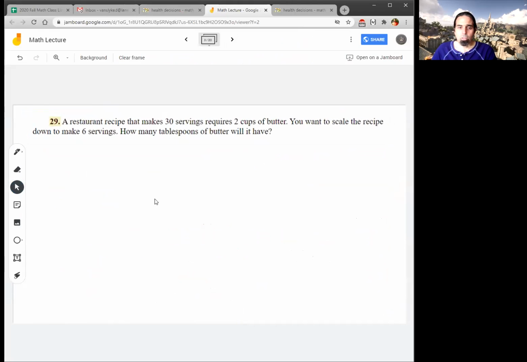A restaurant recipe makes 30 servings and requires 2 cups of butter. So I can just start writing that as a proportion. 30 servings goes with 2 cups.